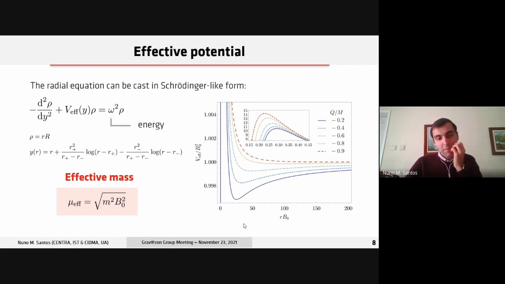But here it is important to remark that this problem is not equivalent to that of a massive scalar field on an asymptotically flat stationary spacetime, because in that case, the bare mass of the field dominates the asymptotic behavior of the field.